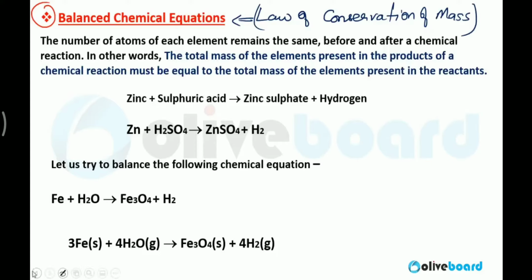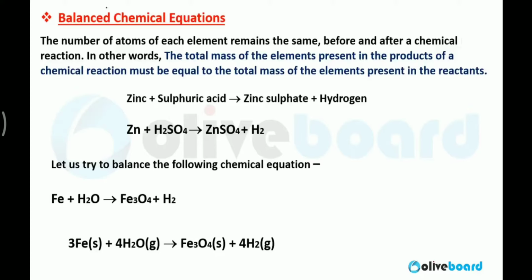Clear? Similarly, as in the law of conservation of mass, a balanced chemical equation works on the total mass of the elements. This is also a confusing definition. The first line is very important, that the number of atoms of each element remains the same before and after a chemical reaction.